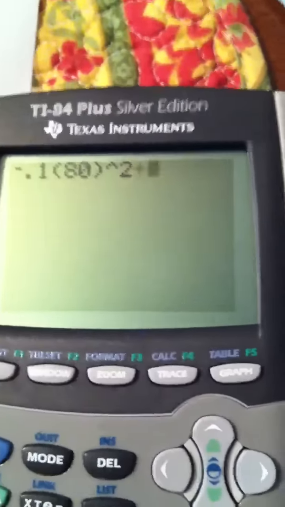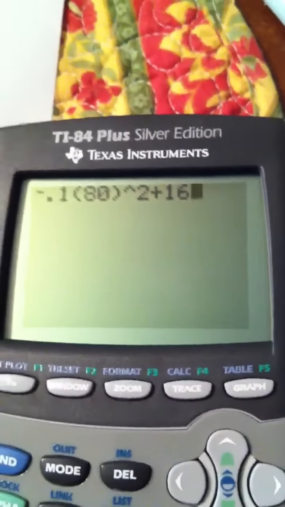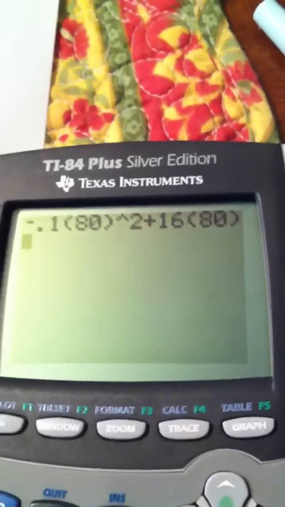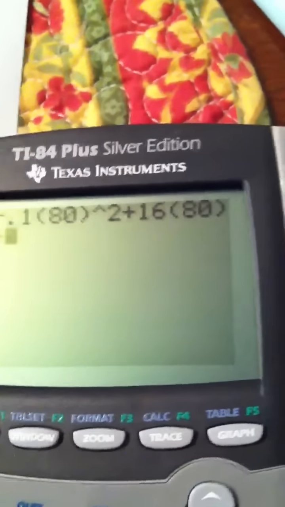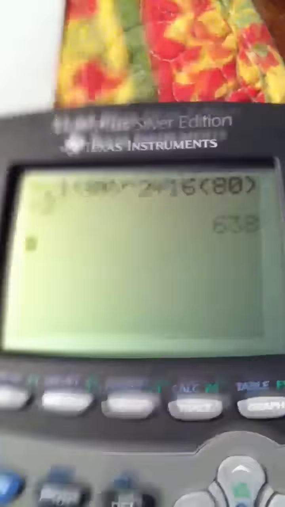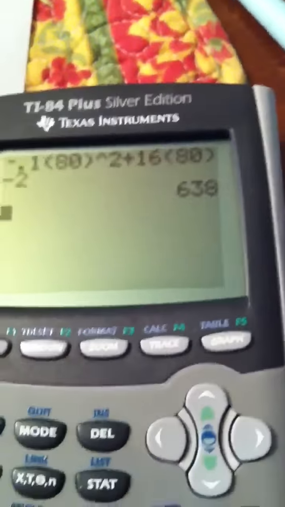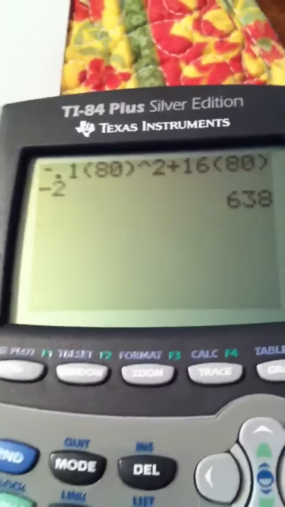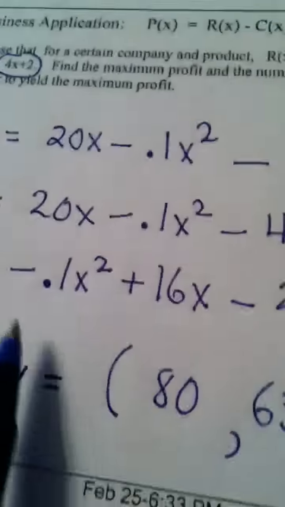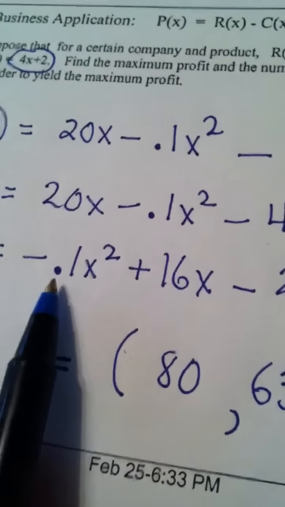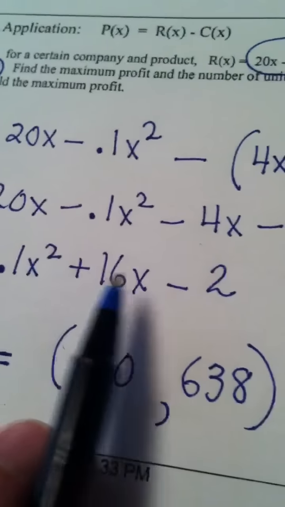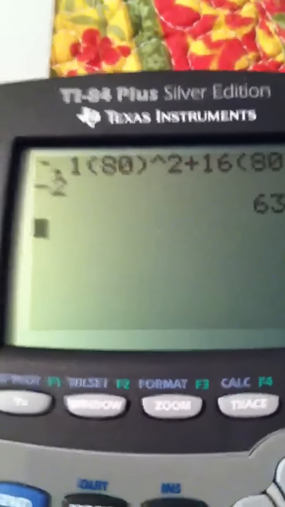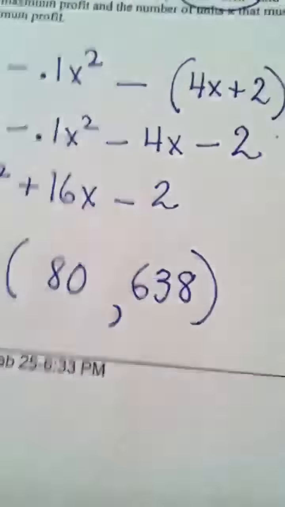And then we're doing plus 16 parens 80, so 16 times 80. And then minus 2. And we hit enter, and we come out with the answer 638. Okay? So basically I just went to this function, the opposite of 0.1x squared plus 16x minus 2, but I plugged in an 80. That's what I did on my calculator to come out with the answer of 638.